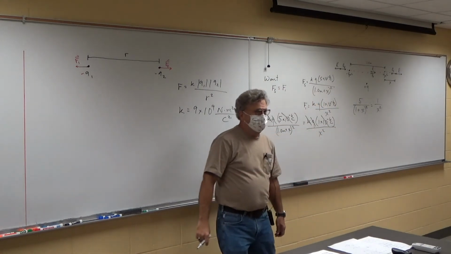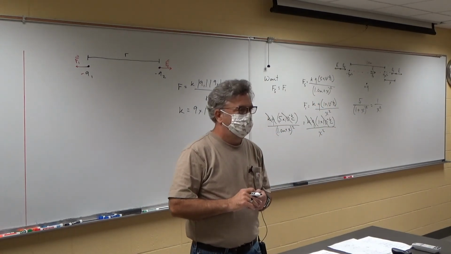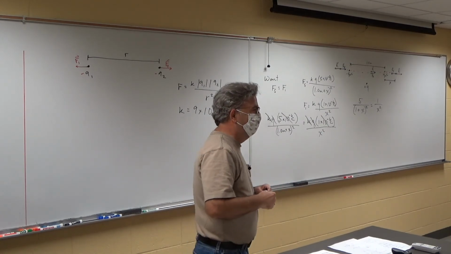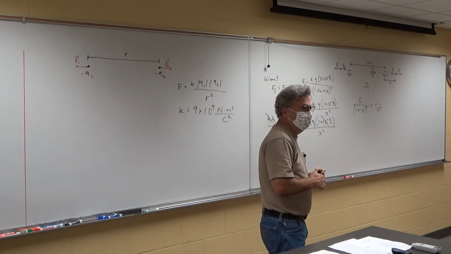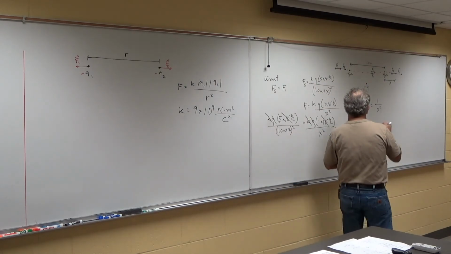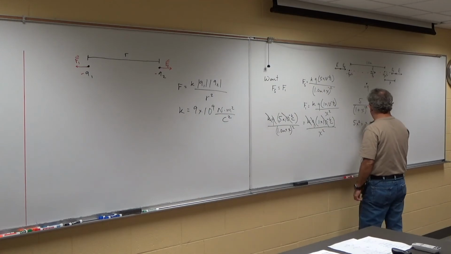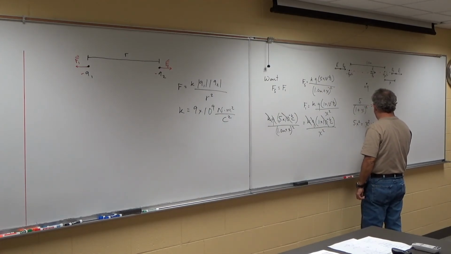How do we solve rational equations like this? Cross multiply. Turn it into a polynomial. So 5x squared is equal to x squared plus 2x plus 1.